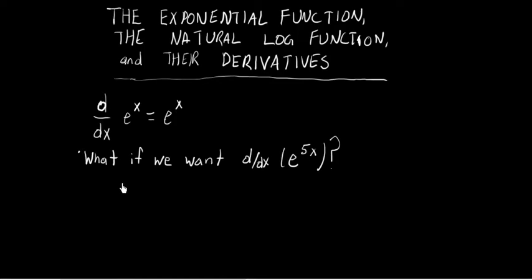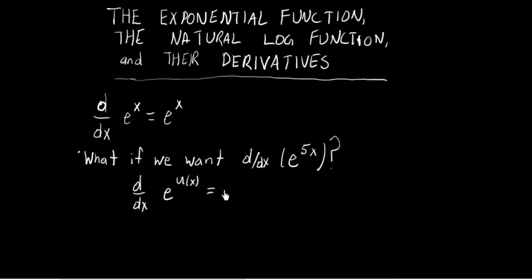But what if we want the derivative of e to the 5x with respect to x? Well, this is just going to be of the form, the derivative with respect to x, of e to some function u of x. So e is raised to a function of x rather than x itself.